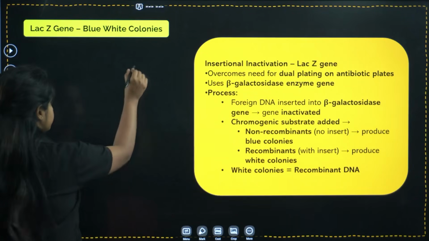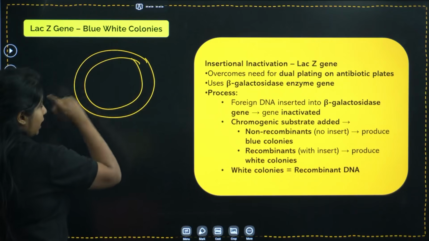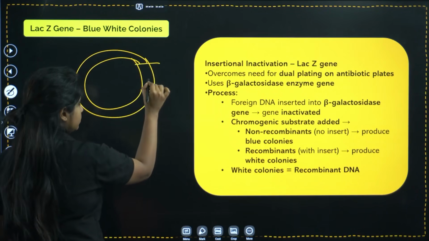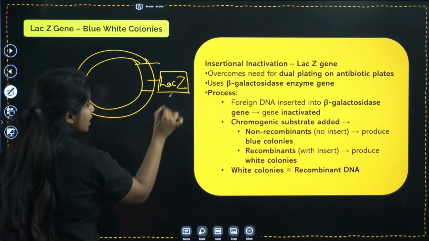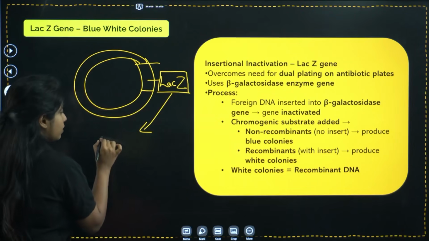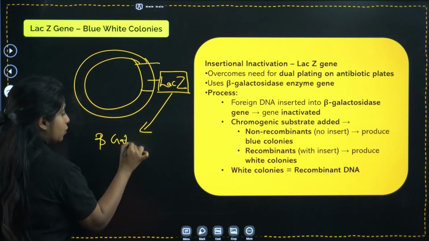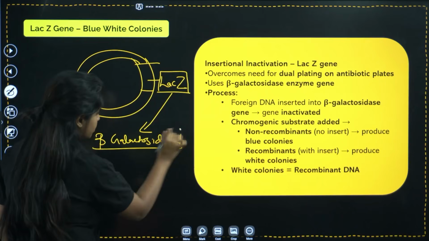So over here there is one more setup, one more type of plasmid where you have the LacZ gene. LacZ gene, my dear children, you know Z, Y, A in the lac operon, what does it do? Z is coding for beta-galactosidase. This is the normal function.